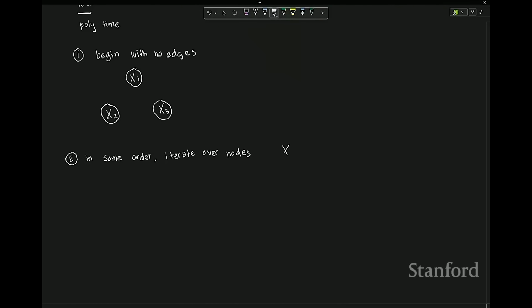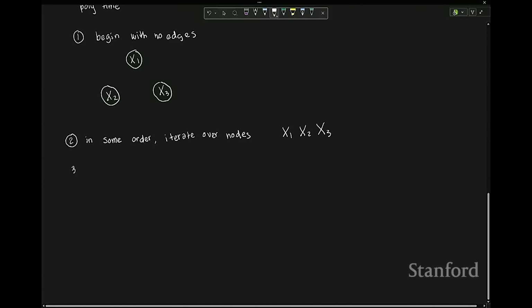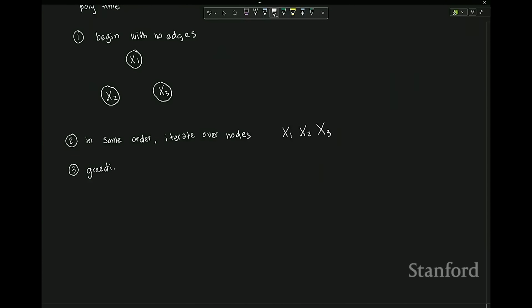So I'm choosing x1, x2, and then x3. As we iterate over the nodes, we greedily add parents to maximally increase the score.